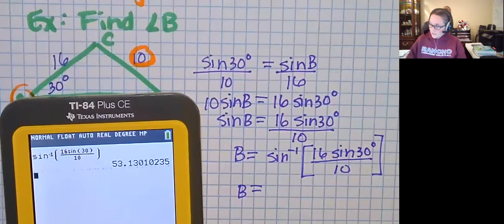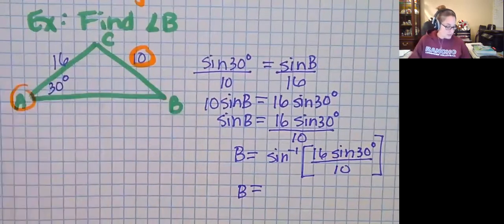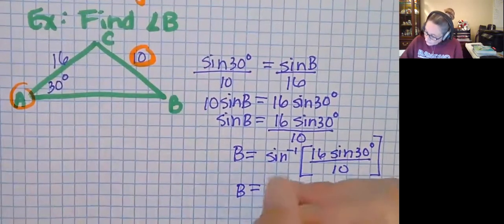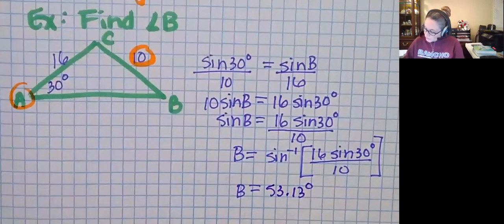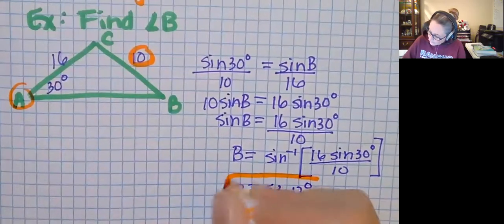And I'm going to end up getting 53.13 degrees. Okay, so 53.13 degrees. This is one possibility for B.